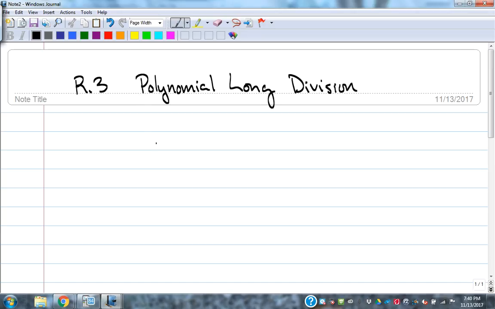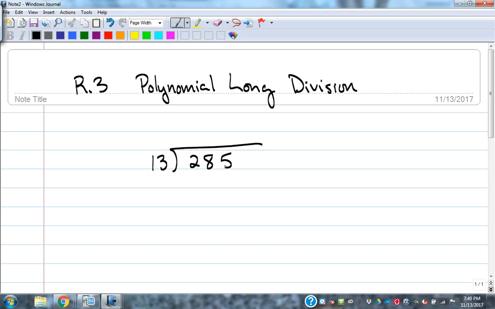But long division, just do some numbers just to get back to thinking about how to do long division from when we were kids. Let's say we took 13 into 285.